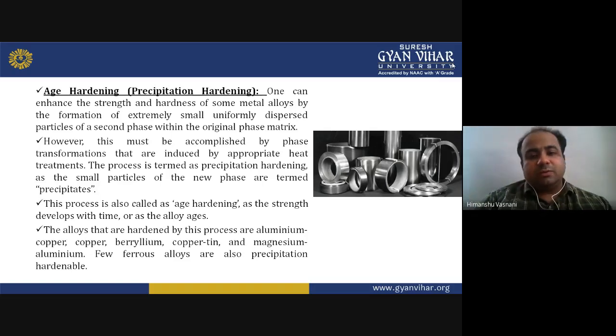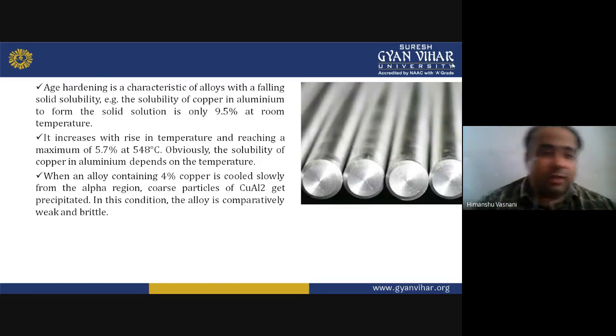Compared with nitriding, which had applications in various alloy steels, this has its application in different kinds of alloys, like copper, aluminium-copper, copper-tin, magnesium-aluminium. These are all commonly used alloys in the industry, so age hardening holds its importance.